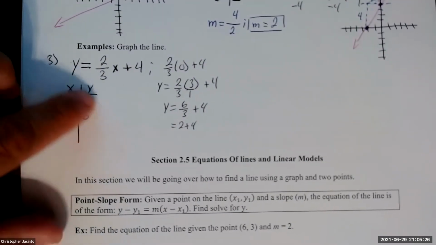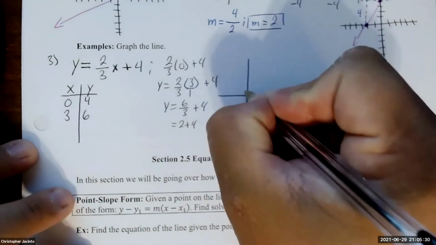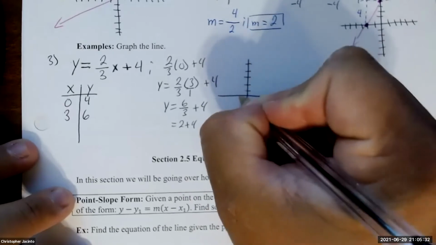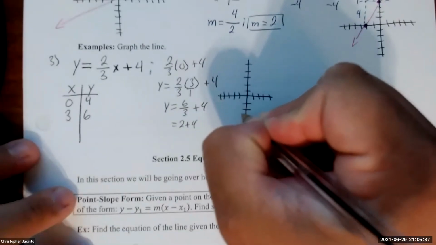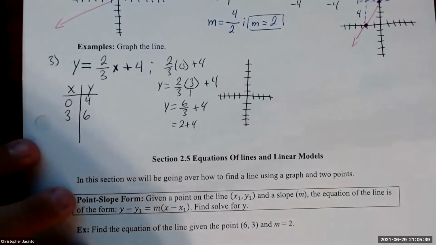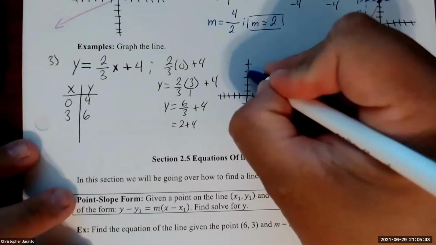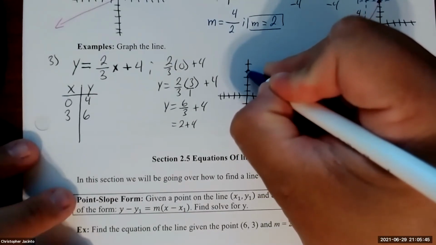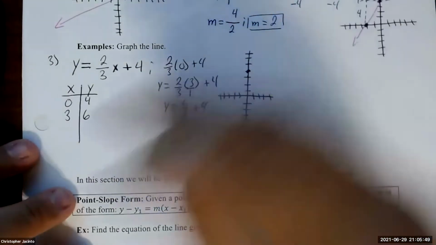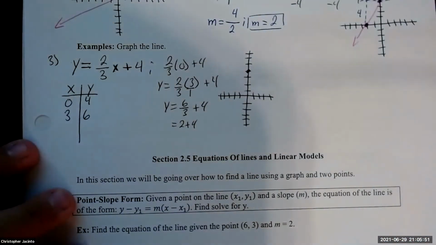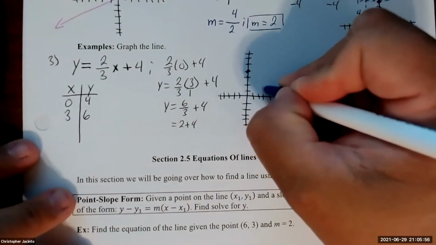All right, so we got our 2 points. So let's just graph it. Right, so 0, 4. And then 3, 1, 2, 3, up 6.